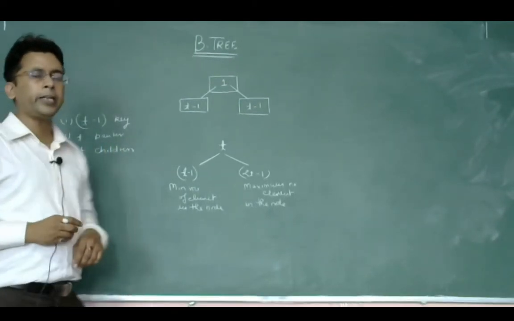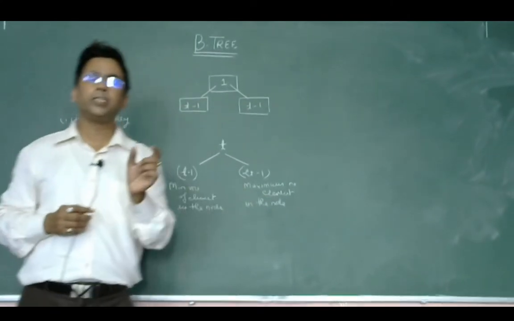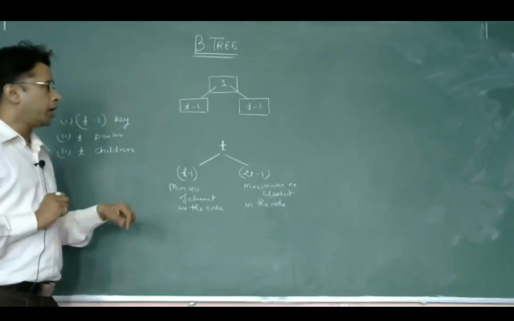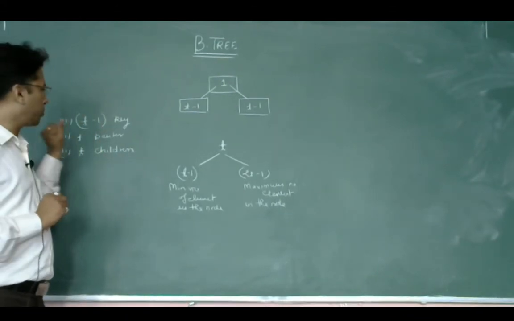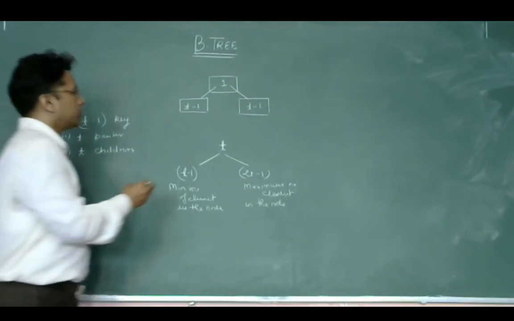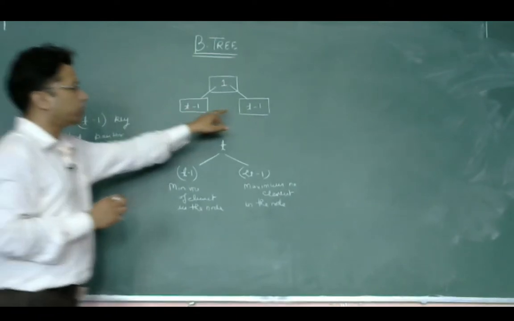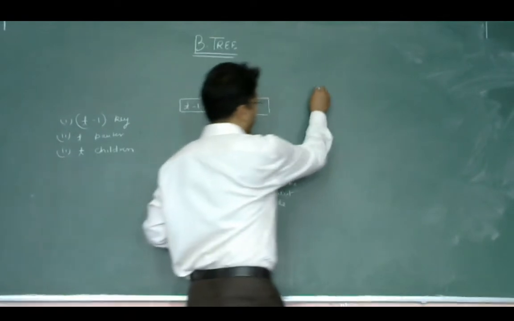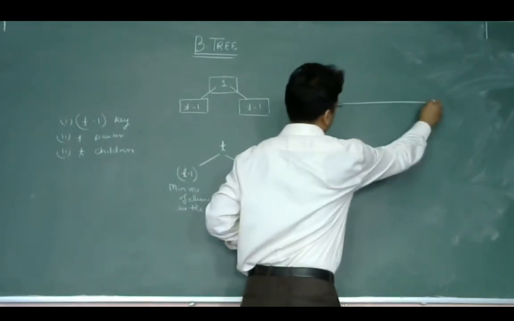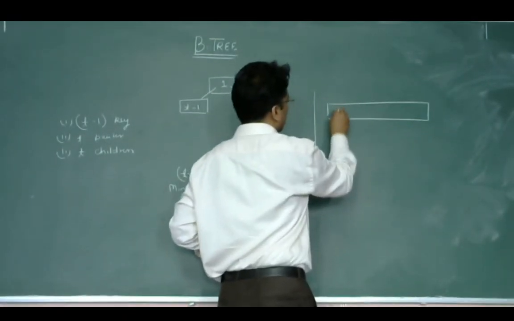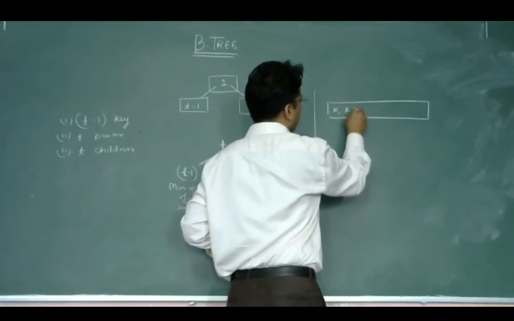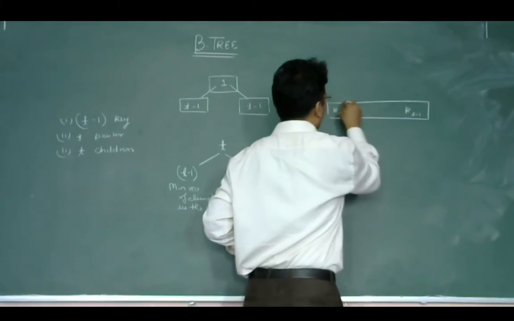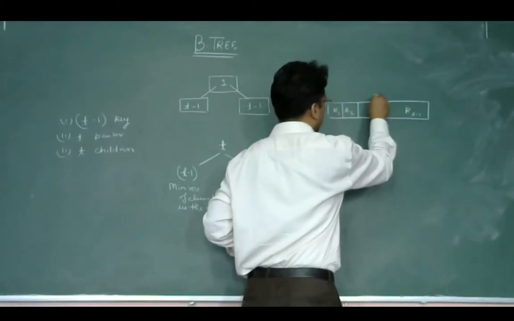So in a B tree, every node has some key values and some pointer values. What are these pointer values? I am going to discuss this. Suppose I am discussing a node having t minus 1 elements. So I am drawing the diagram like this. K1, K2 and so on, Kt minus 1, and they are separated from each other.